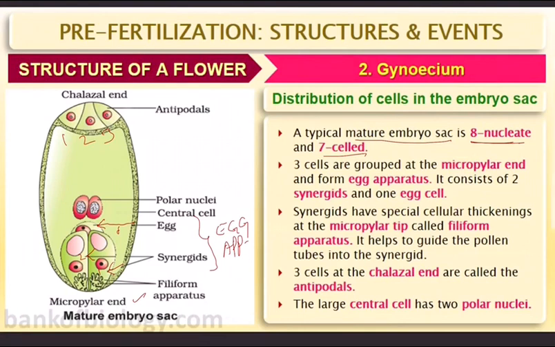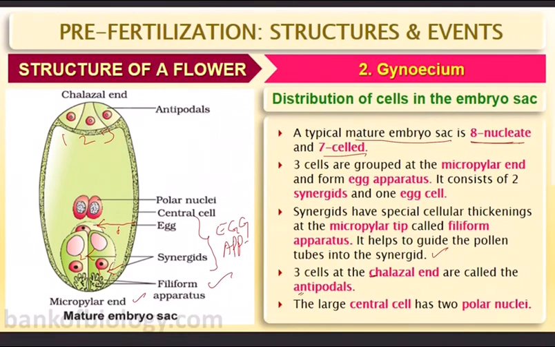This is the egg apparatus. And synergids have special cellular thickenings at the micropylar tip called the filiform apparatus. This one, these finger-like structures, filiform apparatus. It helps to guide the pollen tube into the synergid. This is the function of the filiform apparatus.